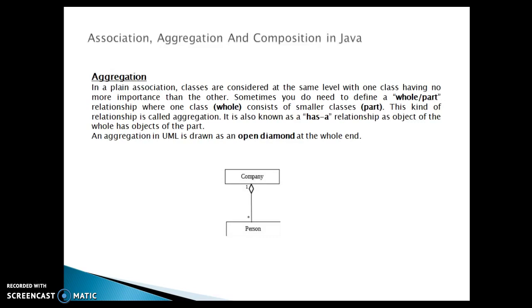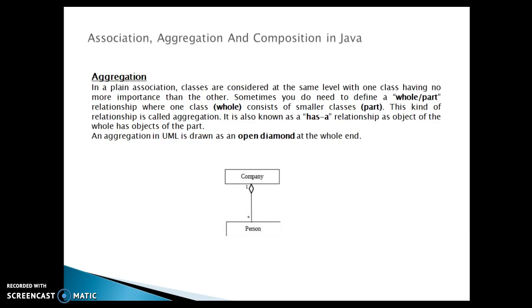Sometimes you do need to define a whole-part relationship, where one class that is considered as a whole consists of smaller classes that are considered as parts. This kind of relationship is called aggregation. It is also known as a has-a relationship, as the object of the whole has objects of the part.